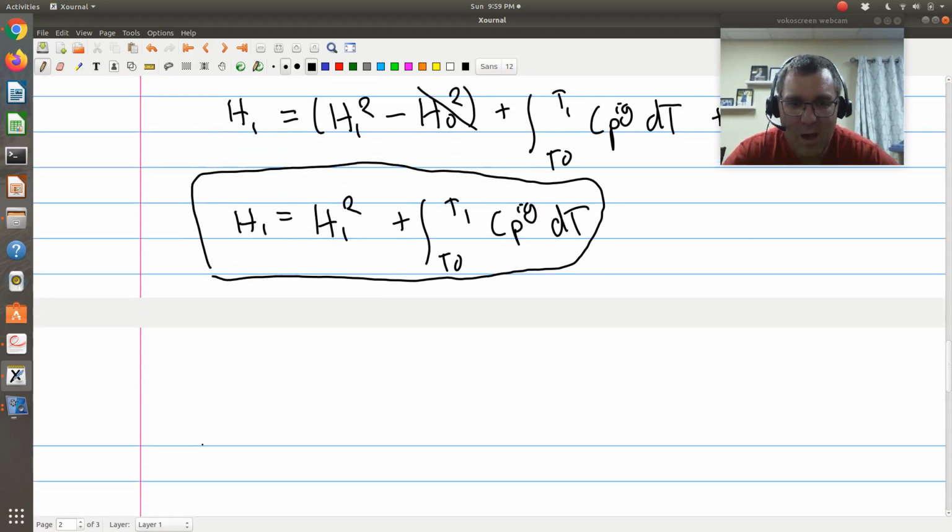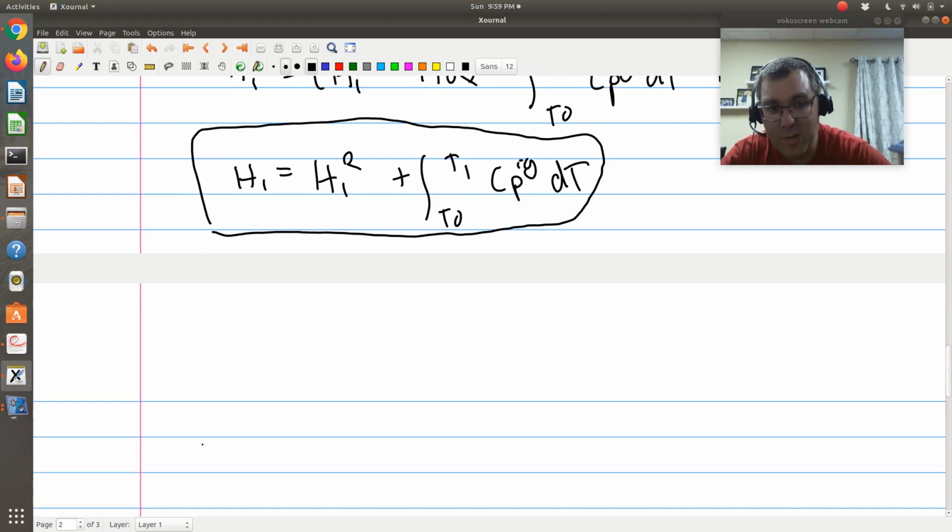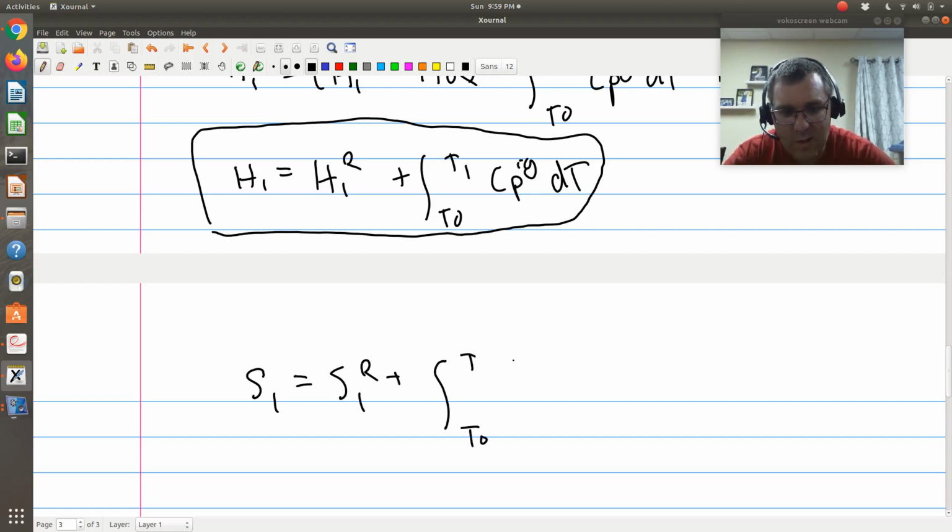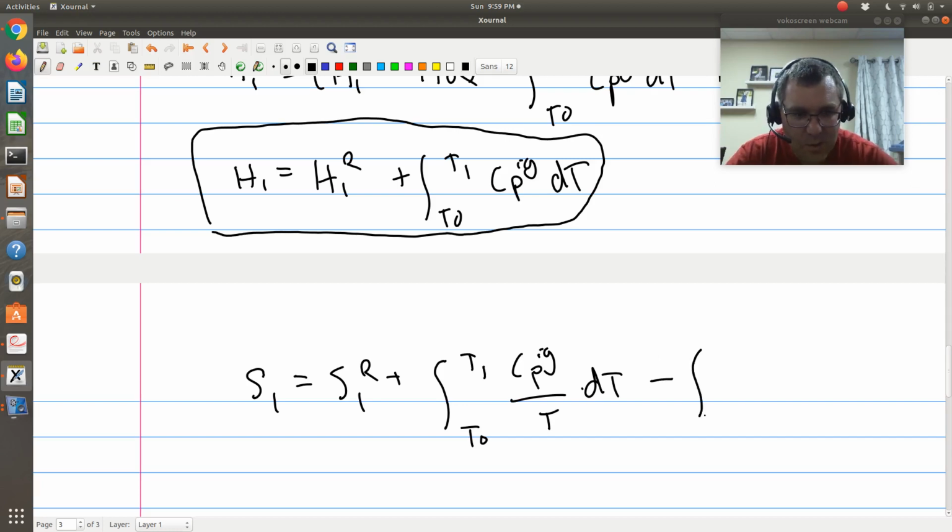And it follows if we were to do this for entropy. Okay, entropy, we would have S1 would be S1 residual plus now it's just the ideal gas term, the integral from T naught to T1 of Cp ideal gas over R over T dT, minus the integral from P naught to P1 of R over P dP, and that would be entropy.